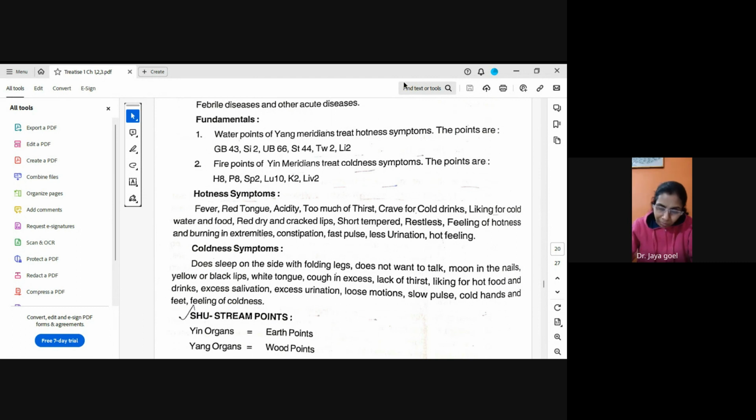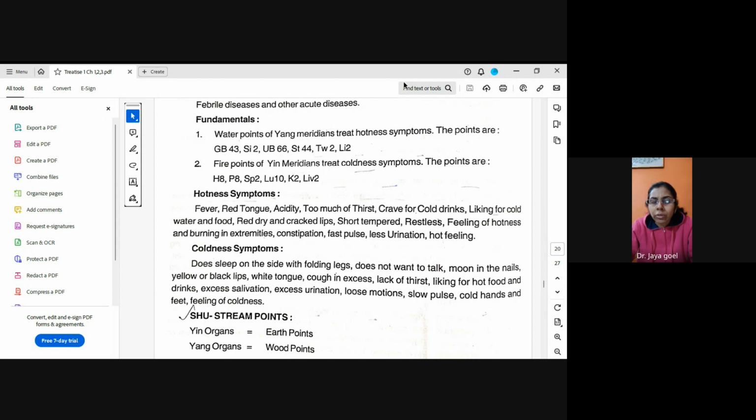Never asks for water. And he will always like hot food and hot drinks. Excessive saliva and excessive urination will be there.